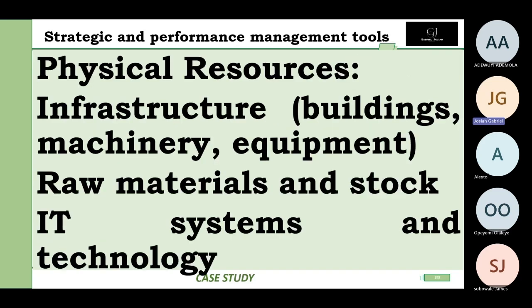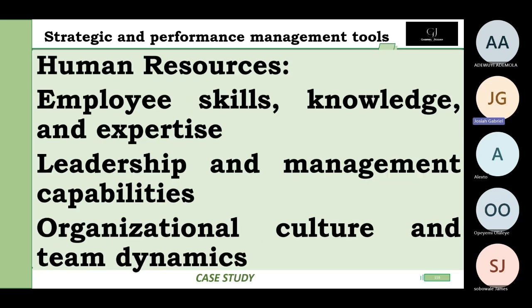The components include looking at the physical resources, talking about assets, infrastructure, building, machinery, equipment. Also resources around current assets like raw materials, stock, IT assets, and technology. And these are physical resources that could enhance or could be used to perform resource audits.